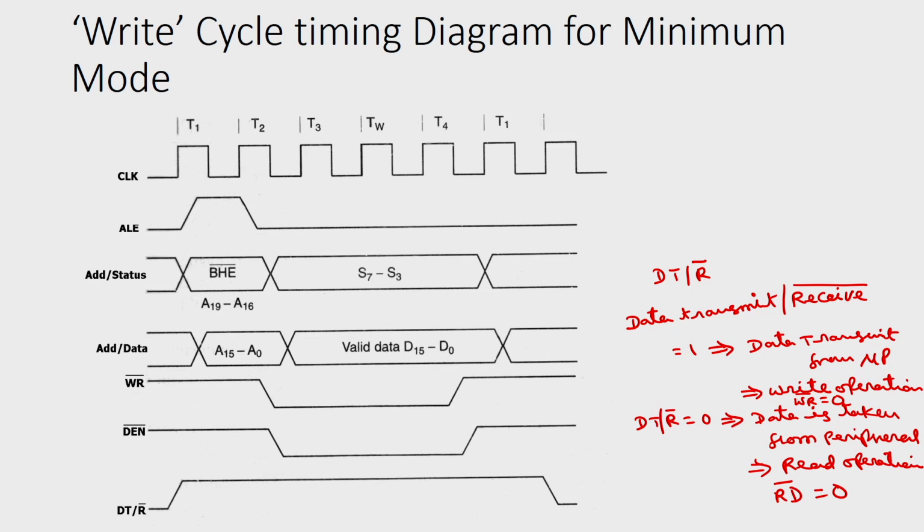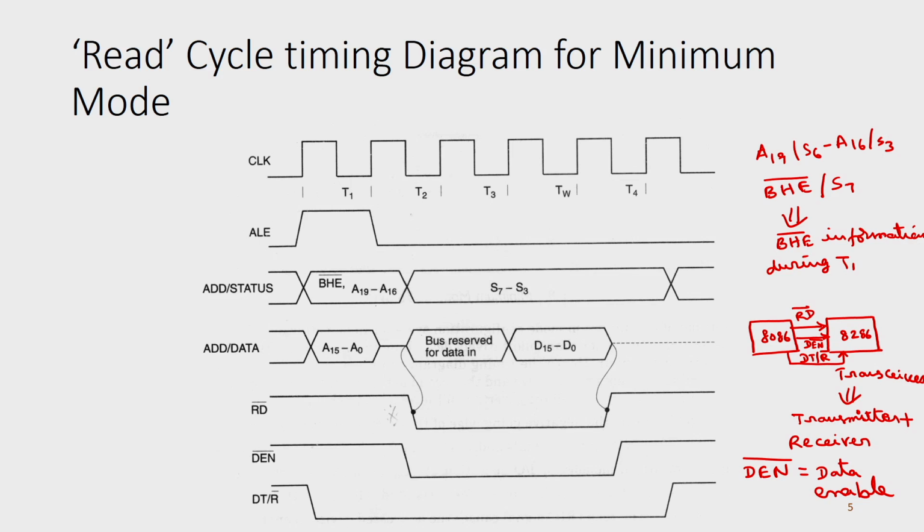Then S7 and BHE bar. So this is bus high enable, which is going to enable the higher order bus of this signal. Now coming to the function of BHE bar and S7. BHE bar, as the name implies, is bus high enable, which enables the higher order 8 bits of the bus.